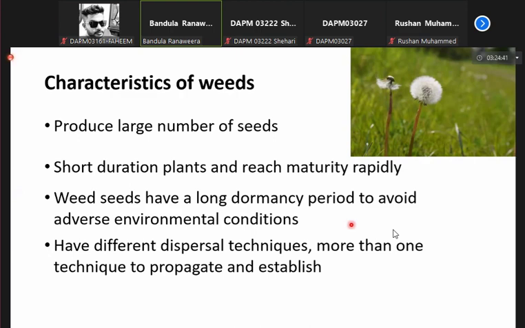Then they have different dispersal techniques, so more than one technique to propagate and establish. For example, this one is taken away with the wind, and then the fallen seeds can again be taken away with the water flow.